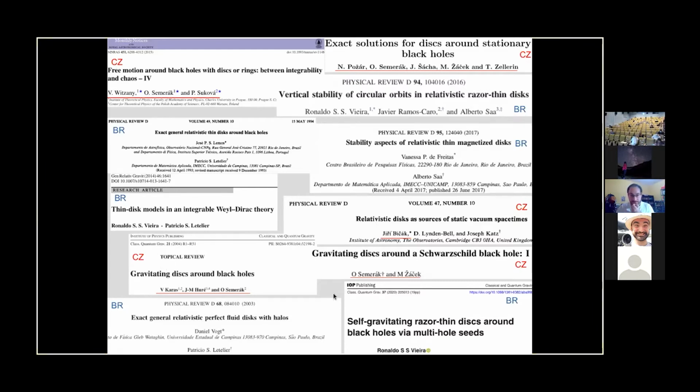But the thing is that Czech Republic is the perfect place to work with razor thin disks because many of the important contributions to the literature are from this group. In particular, I believe Professor Vladimir Karas is in the audience. I don't know.